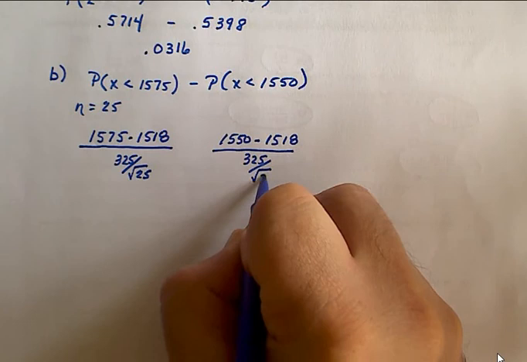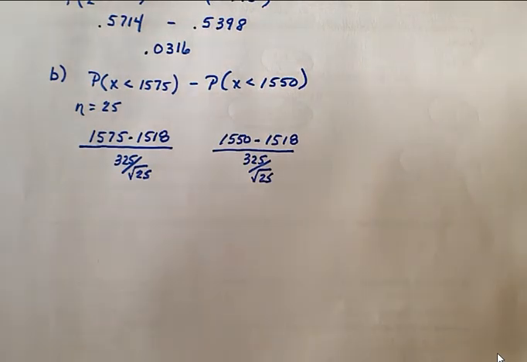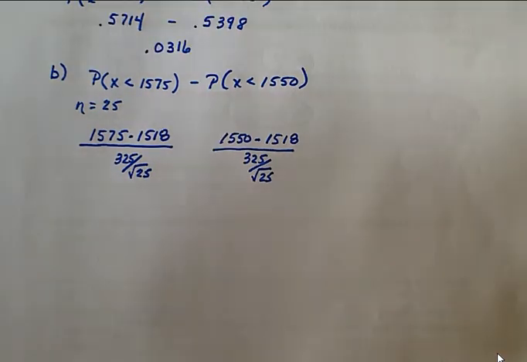Now remember the square root of 25 is just 5. So when I divide those things out on the bottom, I'm going to put those in parentheses, and I'll put the top in parentheses as well, just to make sure that it does my order of operations correctly.